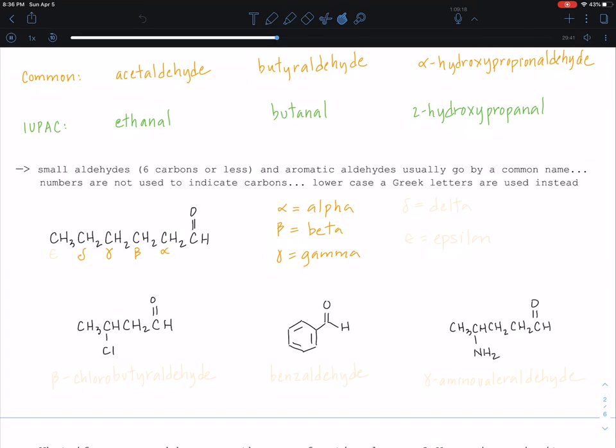The next one out is delta. That's the symbol we use for our partial positive and partial negative charges, right? That little lowercase delta. And this last one out here is epsilon.